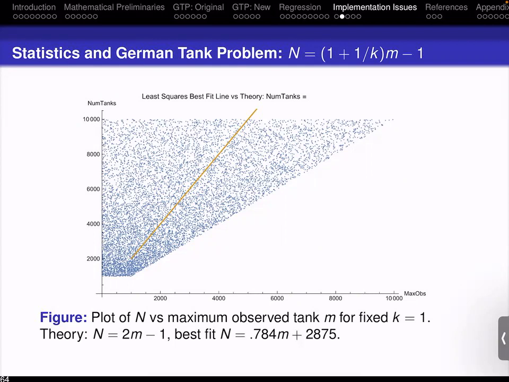Now, if you look at the data, it definitely does not look like a line. It looks trapezoidal. Maybe the line is somewhat in the middle, and maybe it's kind of balancing, for maybe there's more points in the right part than the left part. But could this formula possibly be true for all values of m? Why not?